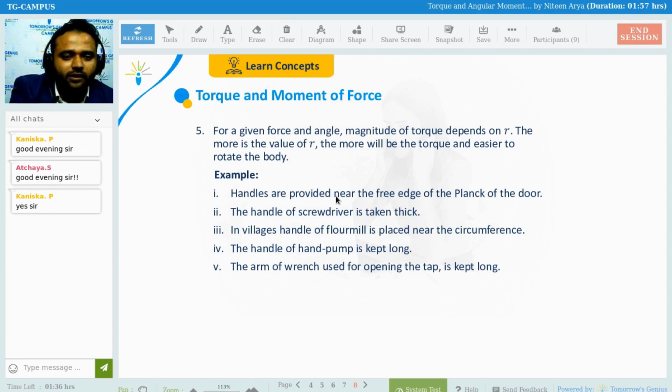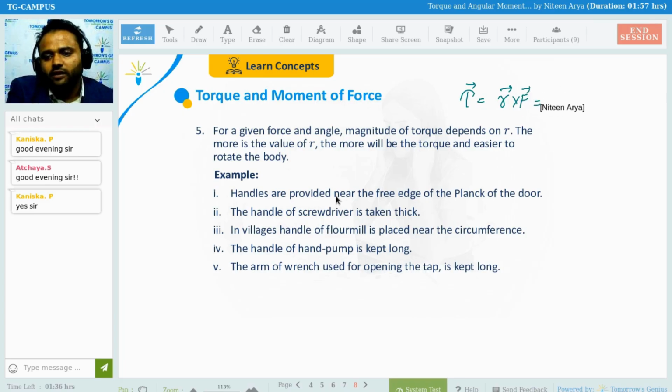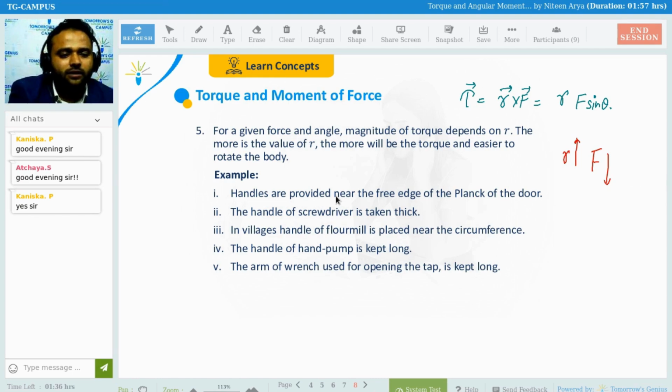Just because, as we know, the formula is torque tau equals r cross F, that is r F sine theta, or the transverse component of force times r. So the more r we apply, the lesser force we need to apply to maintain the same amount of torque.